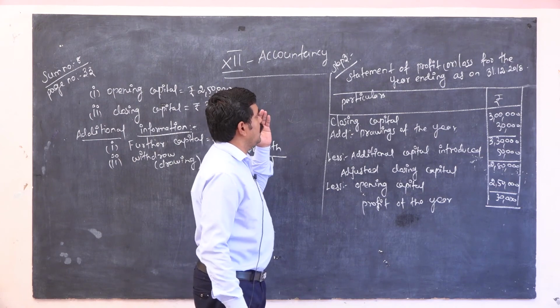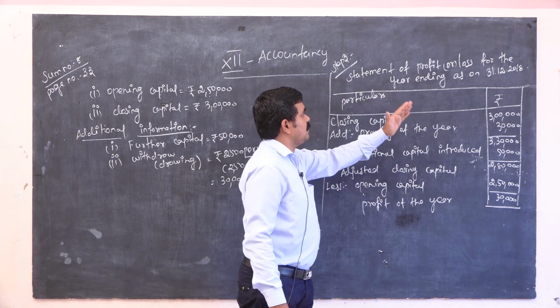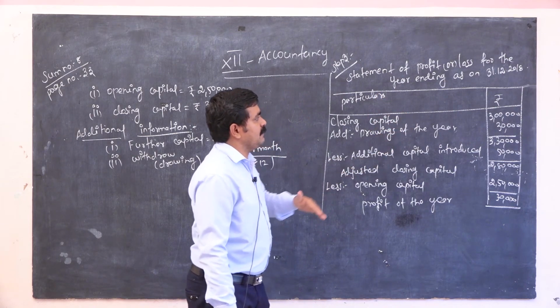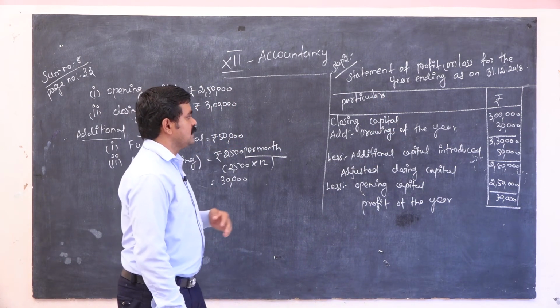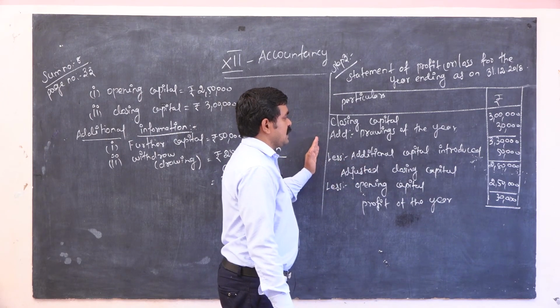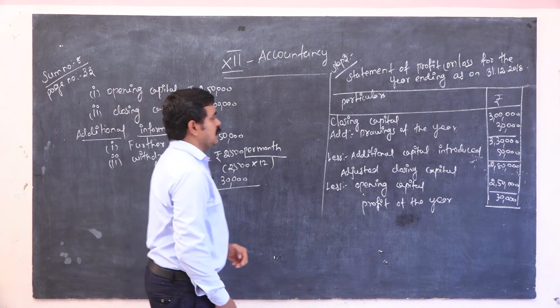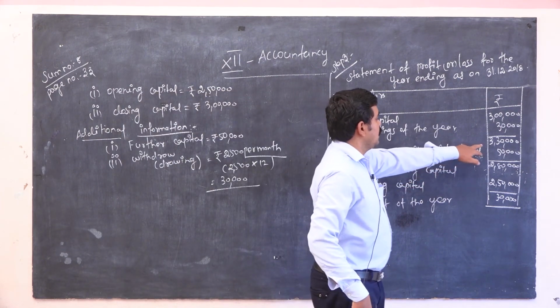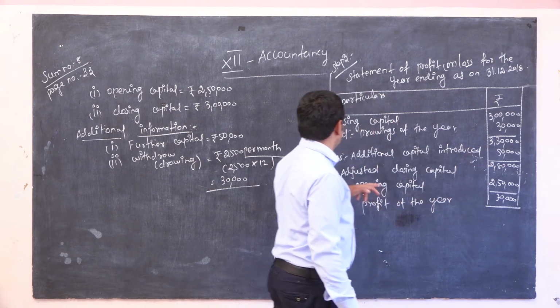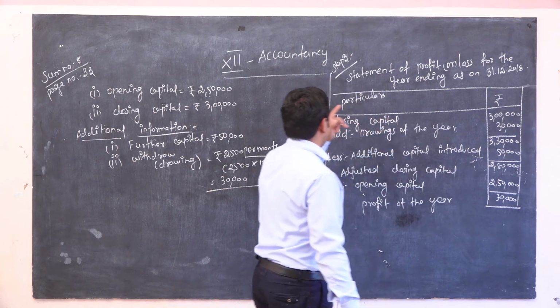So now I am going to calculate step 3, that is statement of profit or loss account for the year ending as on 31/12/2018. These are particulars, rupees. Closing capital 3 lakh, drawings of the year 30,000, that we already calculated. So you got 3,30,000. Less additional capital introduced 50,000, it is given in your problem.